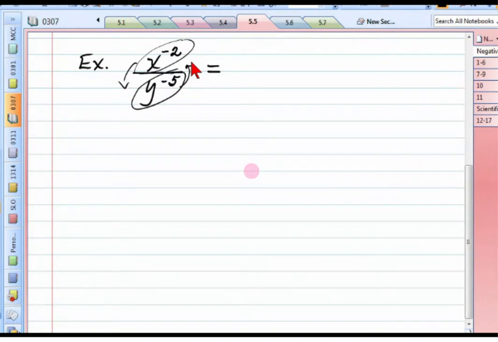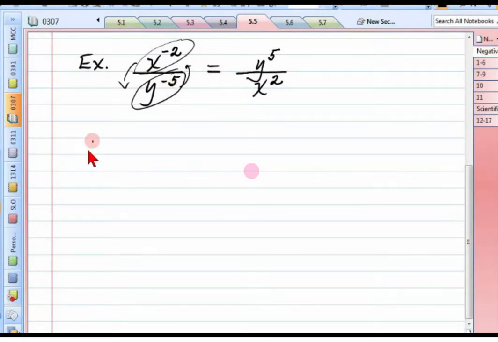I haven't shown this until right now. A negative exponent will become a positive exponent if you move its base across the fraction line, top to bottom or bottom to top. What does this become? y to the positive 5 over x to the positive 2. I could prove that with some long work, but I'm not going to do it. I'm going to ask you to just believe me that a base with a negative exponent that's in the top needs to go to the bottom, and a base with a negative exponent that's in the bottom needs to go to the top.